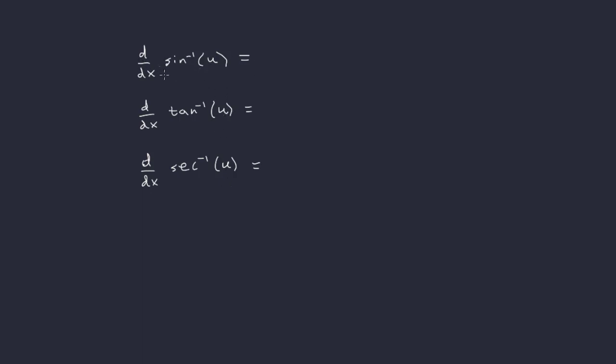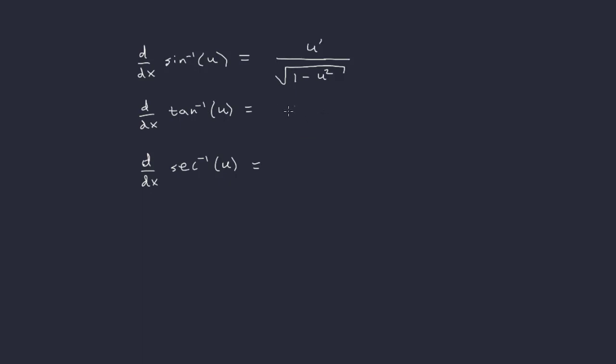If I have the derivative of sine inverse of stuff, usually it'll be 1 over the square root of 1 minus the stuff squared times the derivative of the stuff. So I could put that here, or what I like to do is put it up here and say it's the derivative of the stuff over the square root of 1 minus the stuff squared.